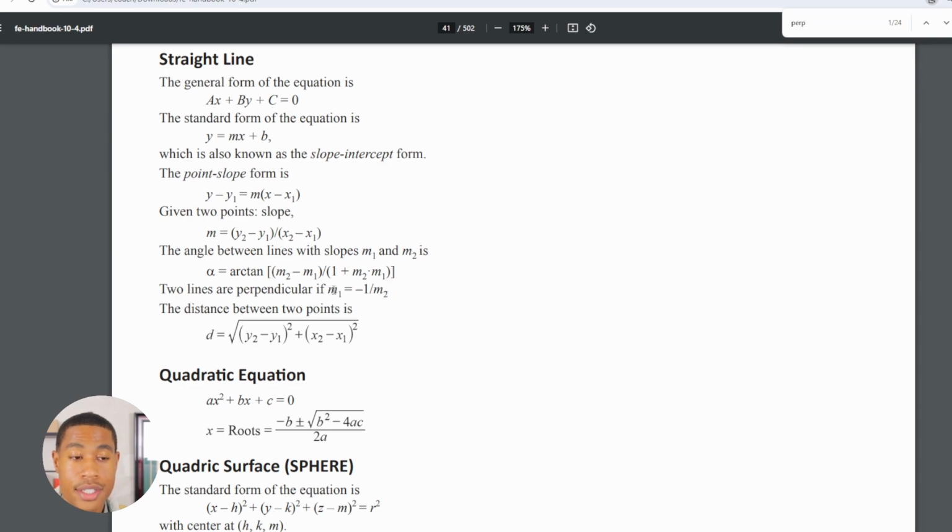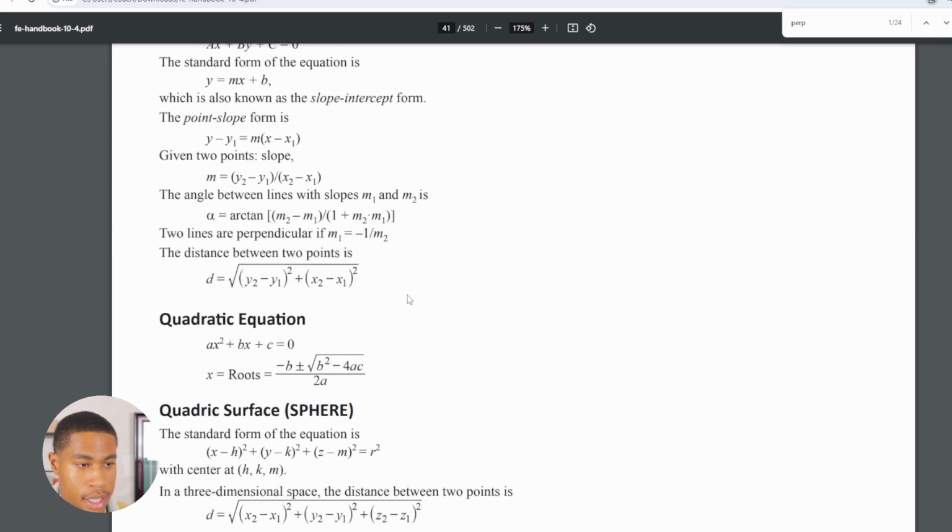To determine the line that is perpendicular to it, you're going to need to take the negative inverse of that particular slope. So that means if your slope is 5 for one line, then -1/5 would be the slope of your line that is perpendicular to it. So hopefully that makes sense.